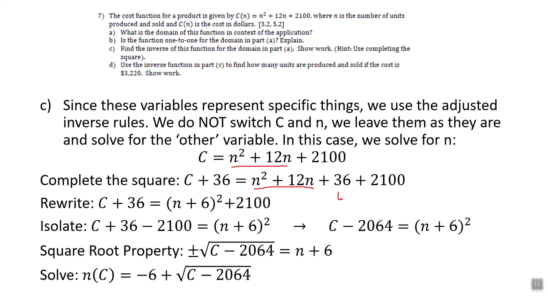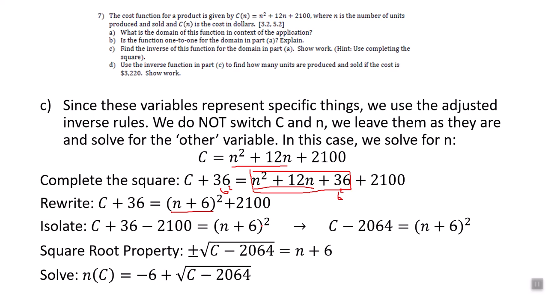I square it, 6 squared, added to both sides. I add 6 squared to both sides. So on the left, I have c plus 36. On the right, now I've made it so this expression can be written as a perfect square binomial. The perfect square trinomial turns into a binomial squared: n plus 6 squared plus 2100 on the right-hand side.